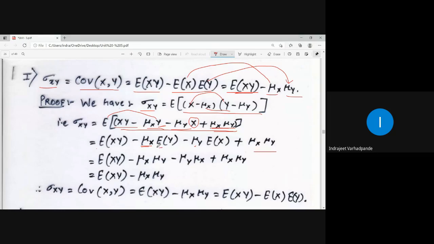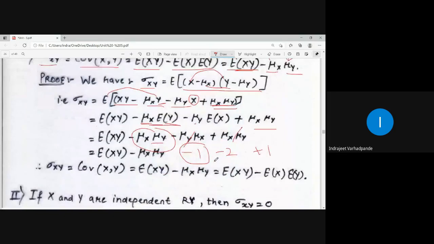Now the expectation of y is given by mu y, and the expectation of x is given by mu x. If you look, these two quantities are getting added, so one of them will get cancelled: -2 + 1 is -1. Or you add these together, so this is -2 and this is +1, which gives the answer as -1.